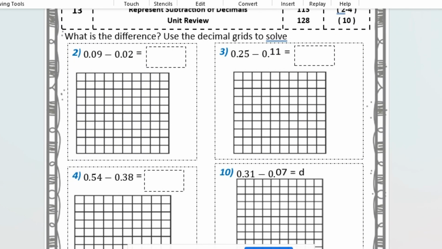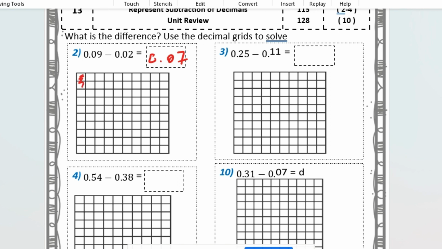Now here's what is the difference. 0.09 minus 0.02. So here we have two digits, here we have two digits. 9 minus 2 is 7, so the answer is 0.07. How to solve this?